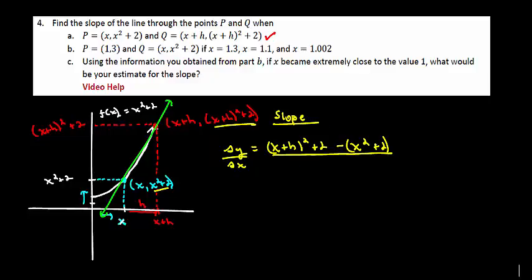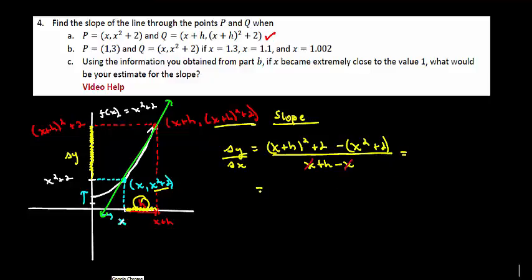This top part, the change in y, is this length right here: this height minus this height. Now the change in the x's is this length, which is x plus h minus x, which is just h, because these cancel out.